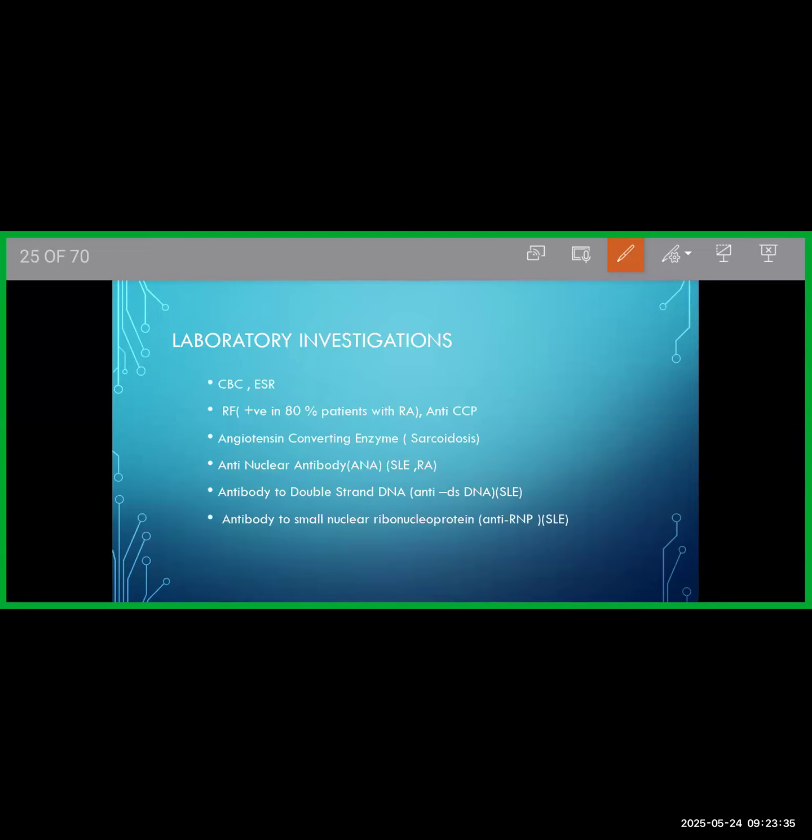Now, the investigations for peripheral ulcerative keratitis, there are a number of investigations that can be done for patients with PUK. These investigations basically are to establish the presence of systemic autoimmune disease.